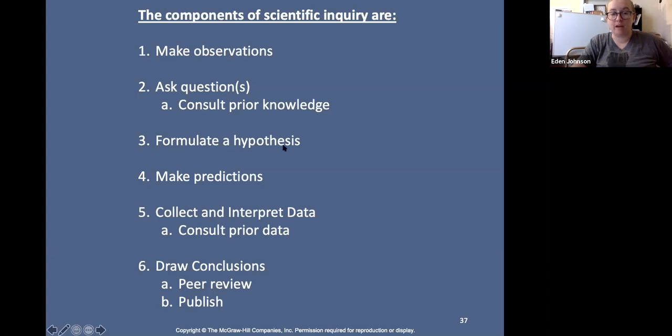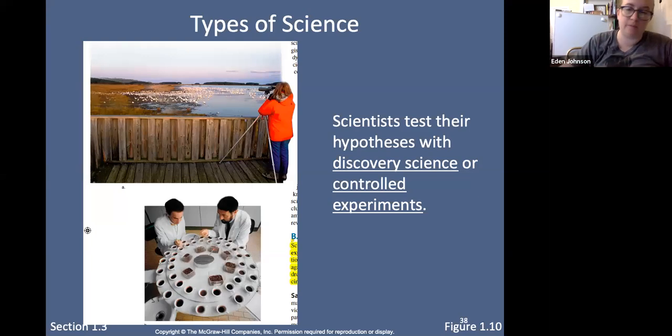You're going to formulate a hypothesis, make predictions, collect and interpret data, and then consult that prior data to make sure that your data is making sense. Draw conclusions. You're going to peer review manuscripts, and then you're going to publish that manuscript. Okay, so meaning that your data will now be available to others and should be able to be replicated.